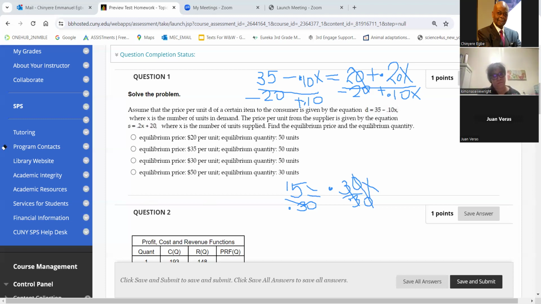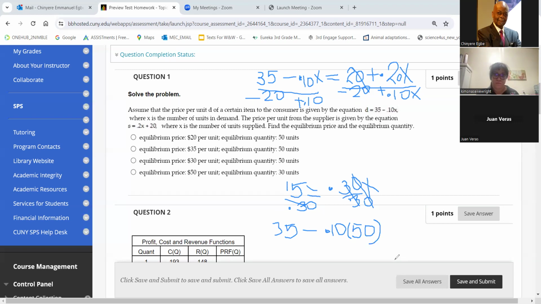We're going to take 35 minus 0.10. Remember that x is now 50. We know what x is. So solve that equation and let us see what we get.